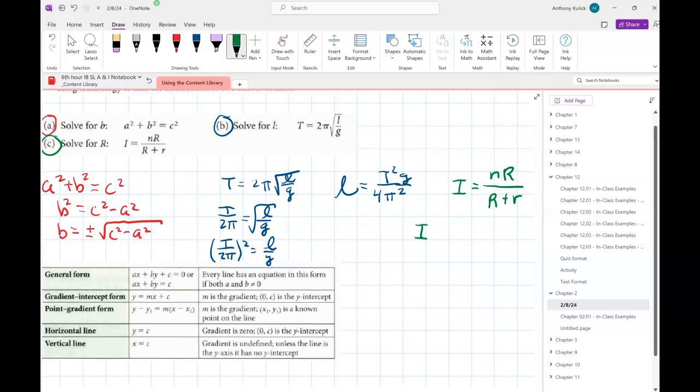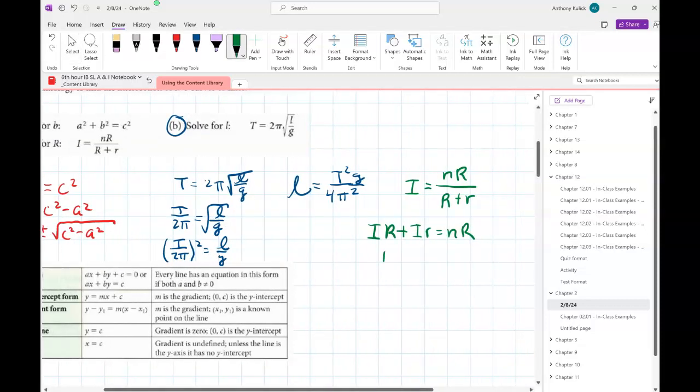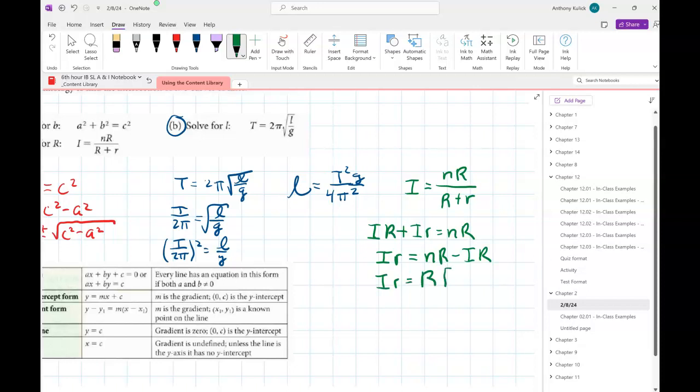I'd multiply both sides by big R plus little r to get rid of the fraction. Now what do you want to do? Let's put both big R's on the same side. I don't want to divide by r, but I'm going to instead factor the r out.